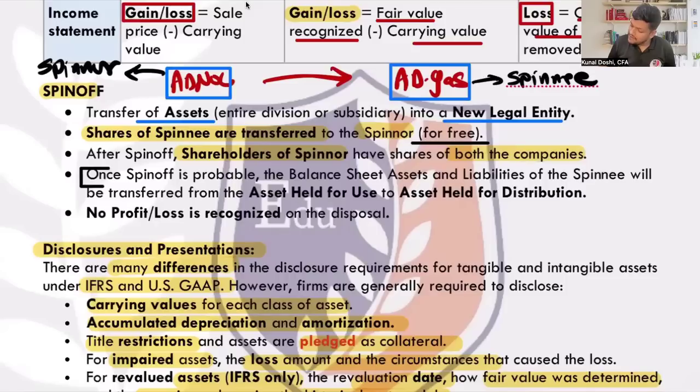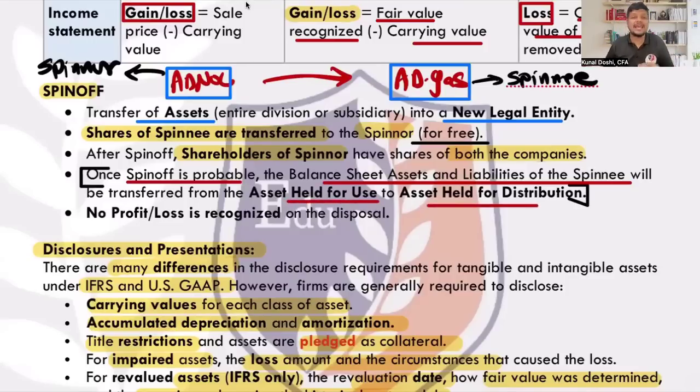Now, whenever the spin-off is decided or finalized, once the spin-off is probable, the balance sheet assets and liability of the spinny, that is ADNOC Gas, will have to be transferred from ADNOC, right? So ADNOC should reclassify these assets before transferring. How do they reclassify? Instead of saying asset held for use, now they will reclassify them as asset held for, not sale, but asset held for distribution.